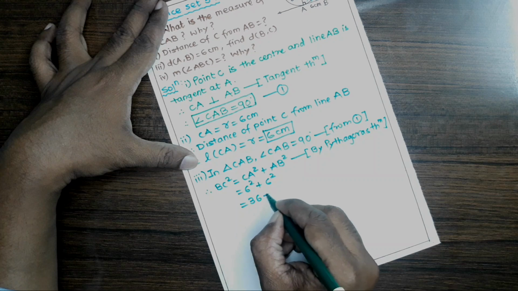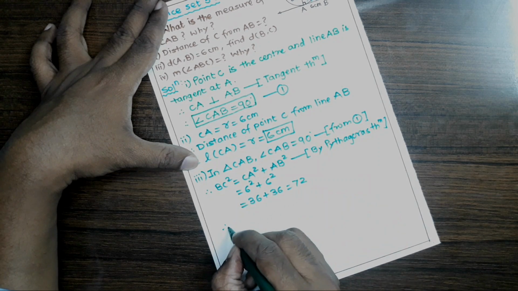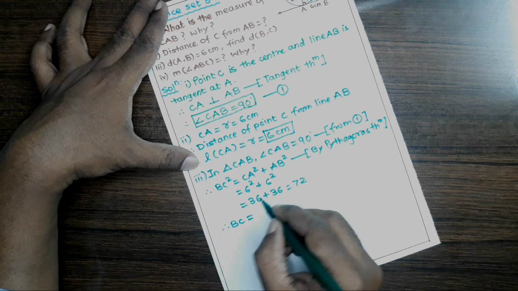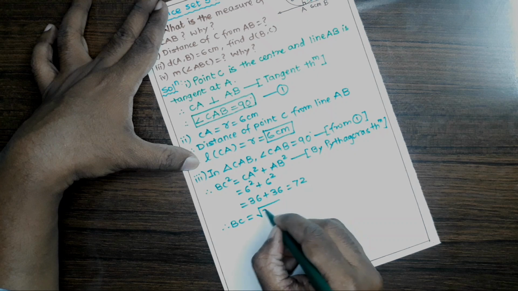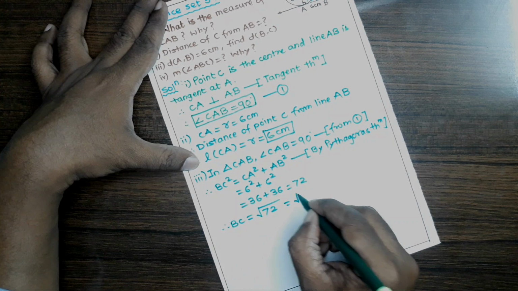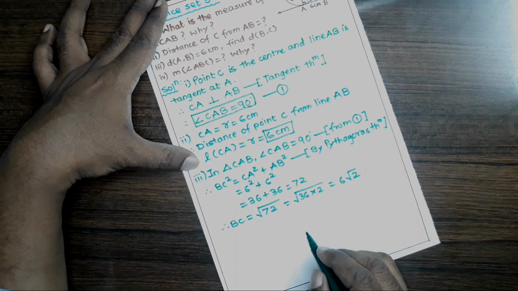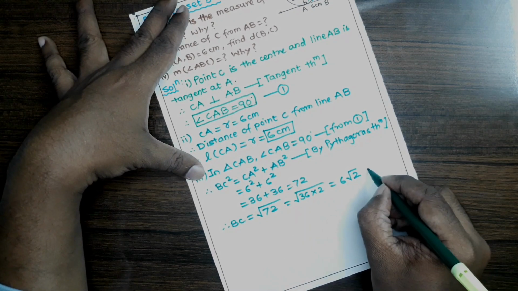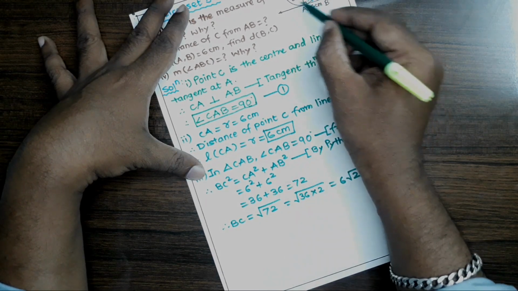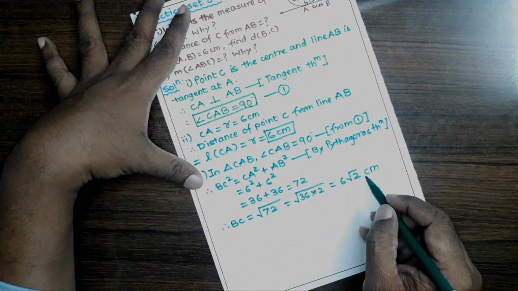So it will become 36 plus 36 is equal to 72. Taking square root on both sides, we get BC is equal to root 72, or we can write 36 into 2 is equal to 6 root 2. Okay, root of 36 is 6, so we get 6 root 2, and as these have been given centimeter as unit, so BC becomes 6 root 2 centimeter.